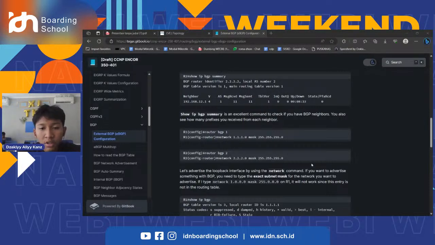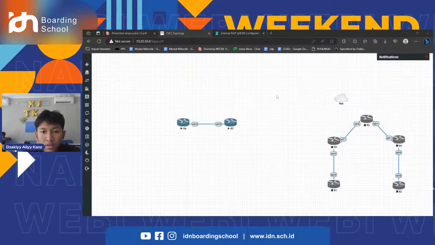If we use BGP, the first specification is the IP address and then the mask, with the mask keyword like this. Okay, it will be delivered to router 7, I think. We just do show ip route. Okay, it's not showing yet. Okay, just wait for a minute.